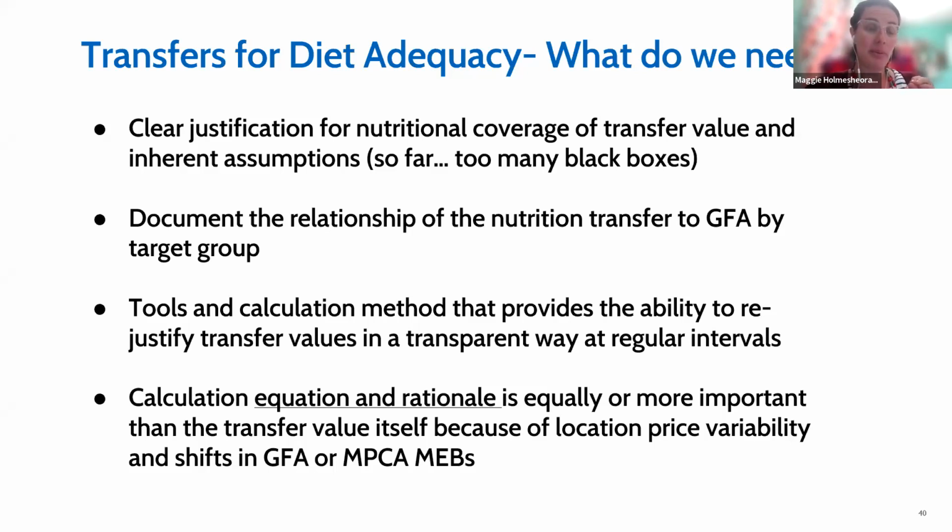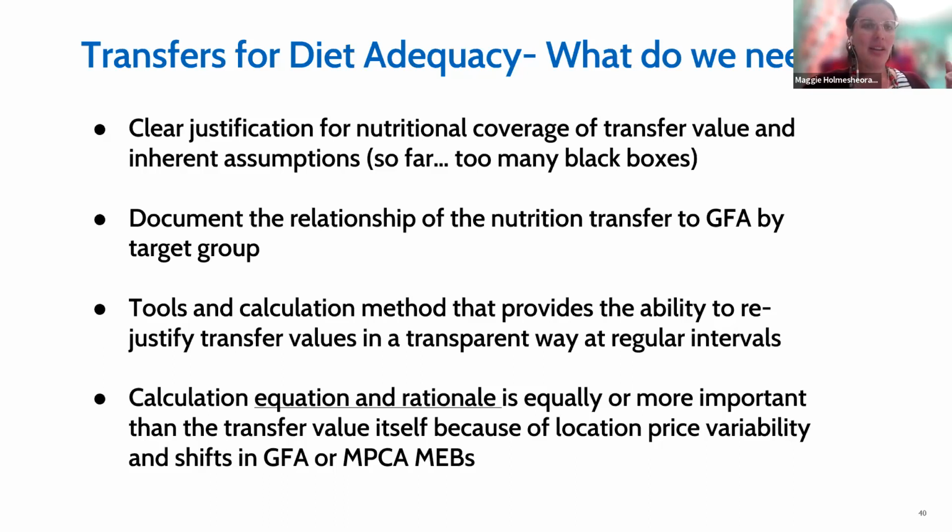And they all needed to be on the same page about what the transfer value was and how it should be calculated, because as you all know, in humanitarian circumstances, the MEB coverage may change. Right now, it may be 70% coverage of what the MEB is. And then because of shifts in the funding environment, it might go down to 50% coverage.